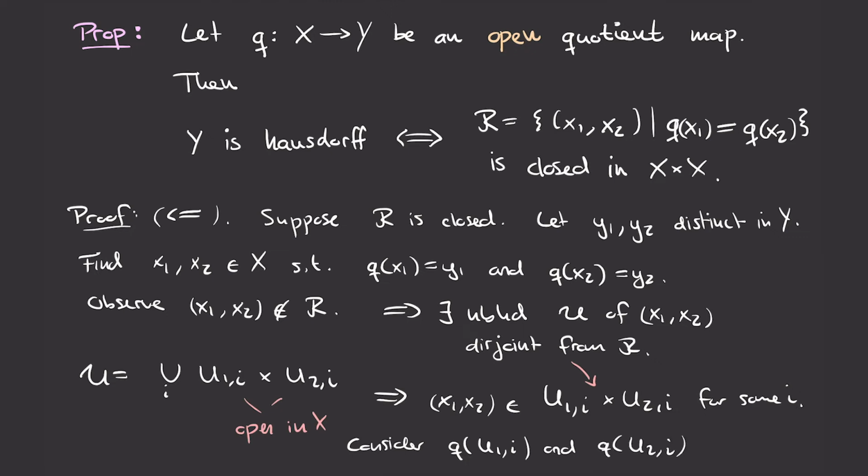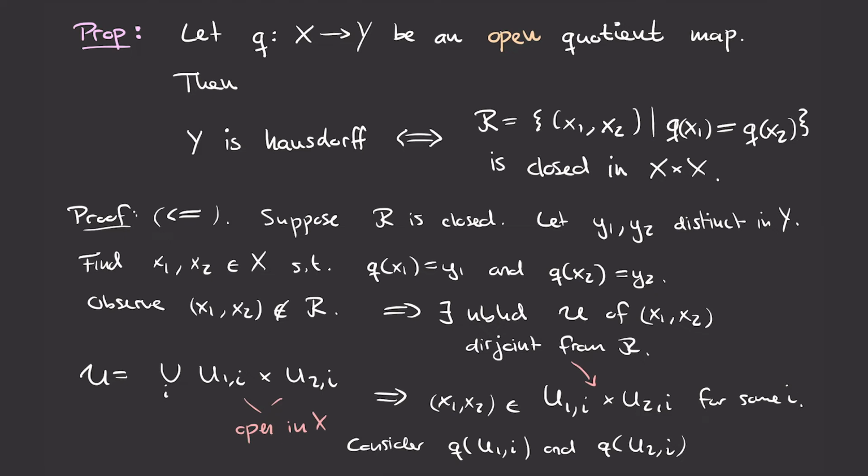And I claim that these are going to be the disjoint neighborhoods in Y that we were looking for originally. So first of all, each of these sets is an open set. Why is this? Well, we know that U1i and U2i are individually open sets of X because that's the way that the product topology is defined.